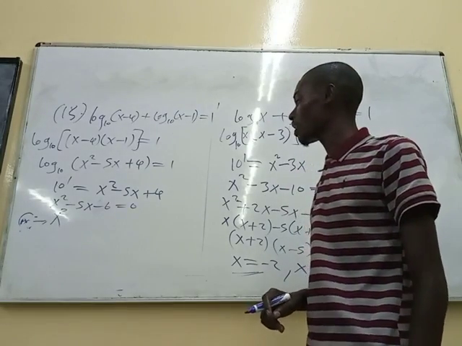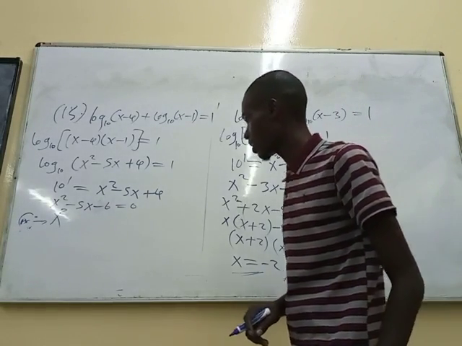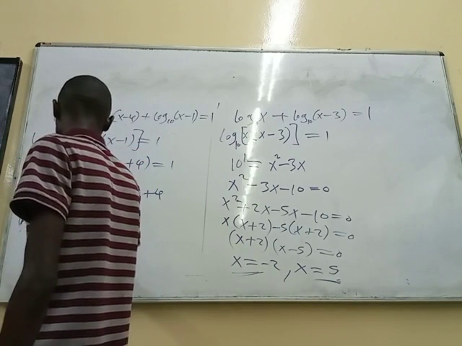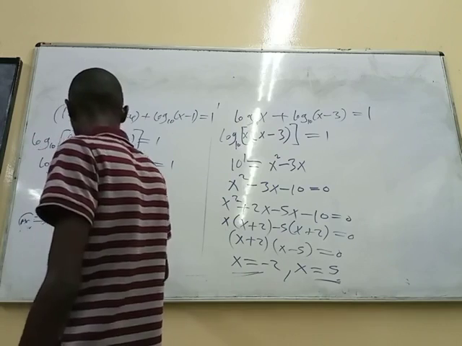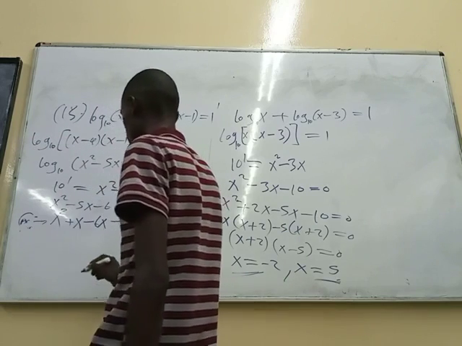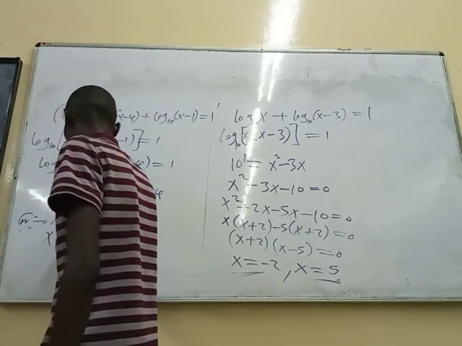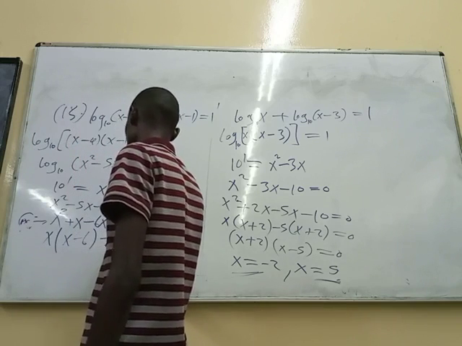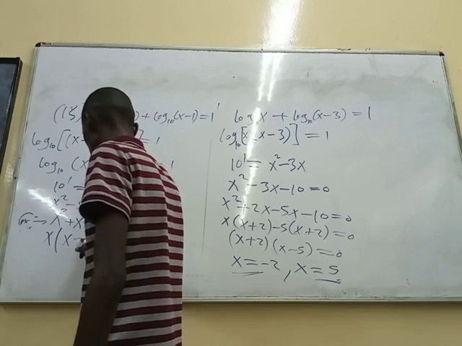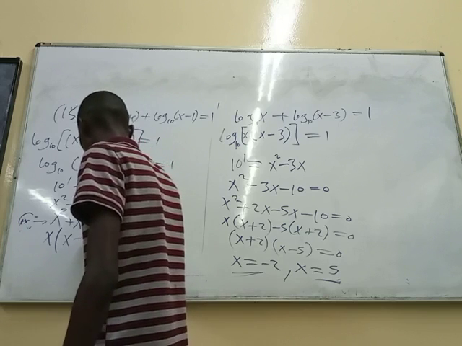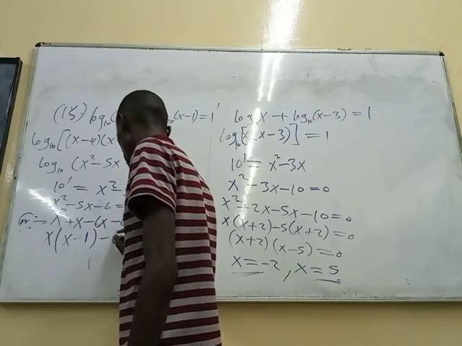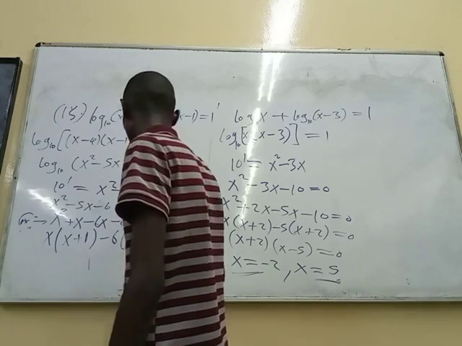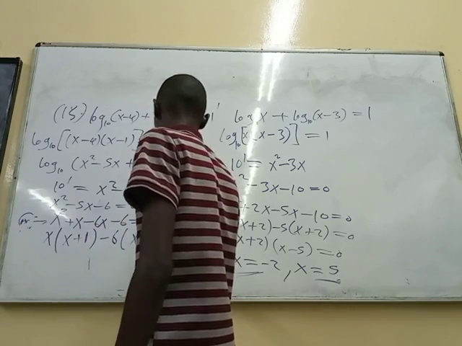It's supposed to be 1 and 6. Which one is going to be negative? Negative 6, right? So this is what we're going to have: x plus 1 is equal to 0.